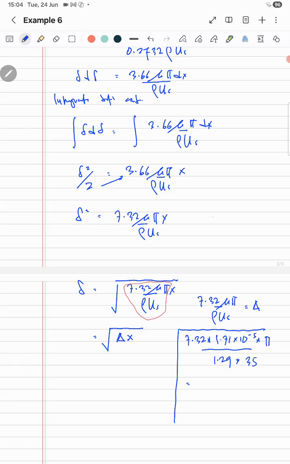From my calculation I got 2.951 times 10 to the minus 3. This is the a. So we keep it here for when we use it later.